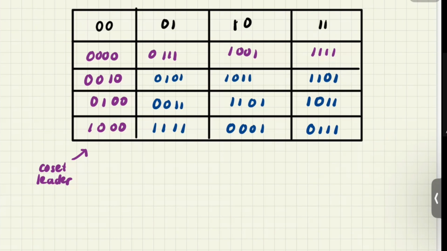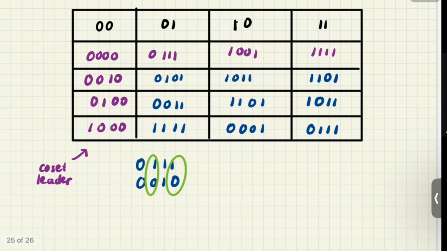Madam, how to calculate the distance? For example, you have these two, 0111 and 0010. You just find the difference. Here the difference is at the first and second positions. When there is a difference, it gives you 1.